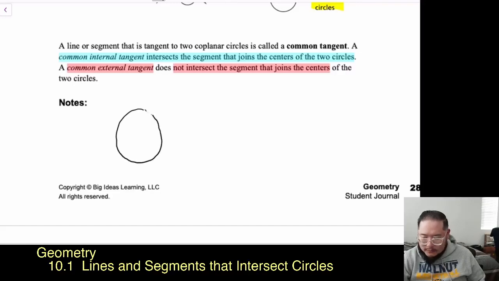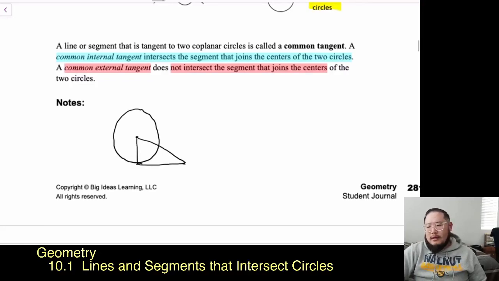Maybe you got this under control. But let's say we go ahead right here. I've got myself a tangent line. So we have a line that's tangent down here, and so we got a 90-degree angle.